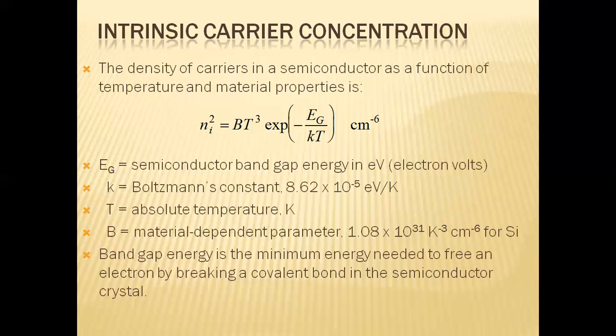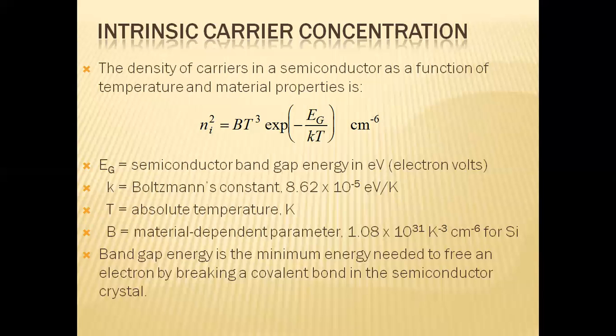T is the absolute temperature in Kelvin. B is the material dependent parameter, that is 1.08 x 10^31 per centimeter^6 for silicon.